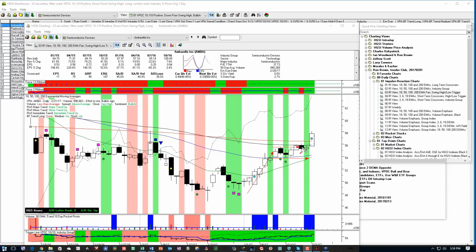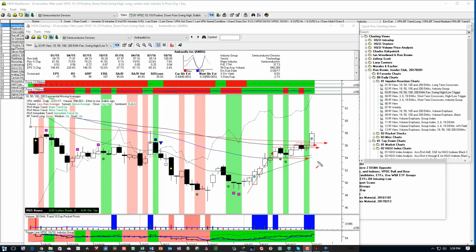So where's your higher high? Well, a higher high than this right here is just right in here. So this stock, Ambarella, could have been purchased somewhere in this range, and then again today right in this range. So with a buy stop in place coming out of contraction, that is an excellent place to buy these stocks.